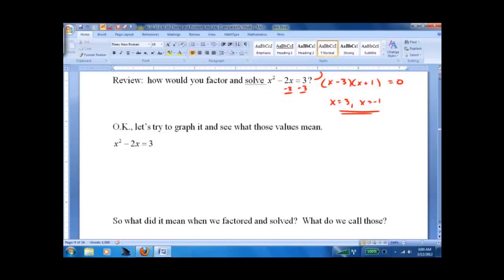Now, let's graph it. That's what we've been doing. Move the 3 over. x squared minus 2x minus 3 equals 0. x equals negative b over 2a to find the axis of symmetry. x equals 1.